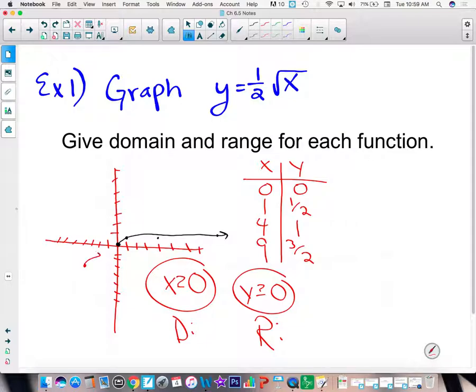Say our graph is kind of like that, just a little mini one. Then your range, we're down at -4 here too, so y is greater than or equal to -4. So it depends on where you start. Square root functions have a definitive starting point. Cube root functions, it's all real all the time.